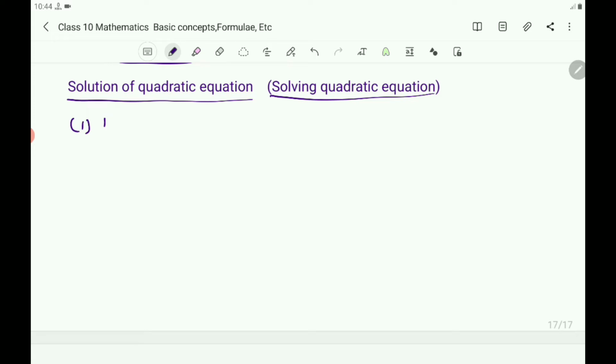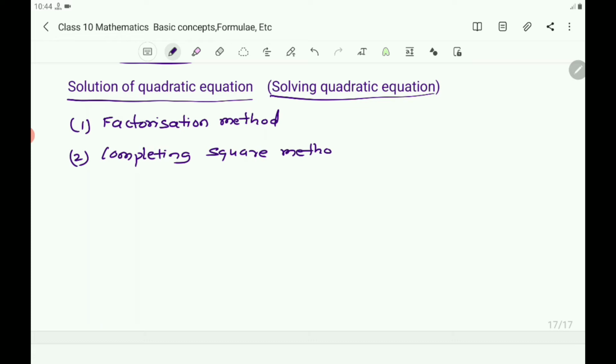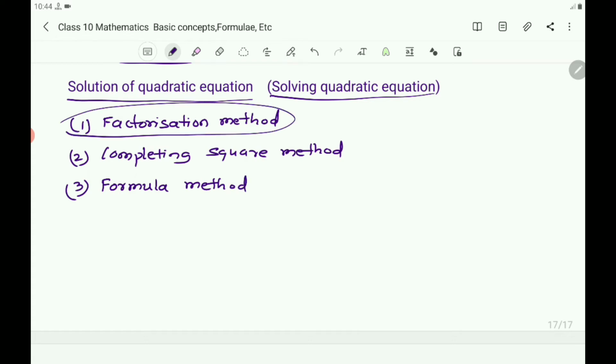The methods are factorization method, completing the square method, and formula method. You have studied these two methods.